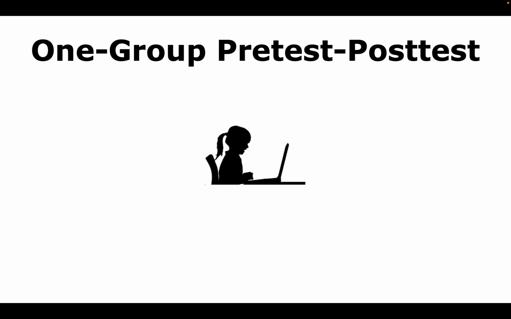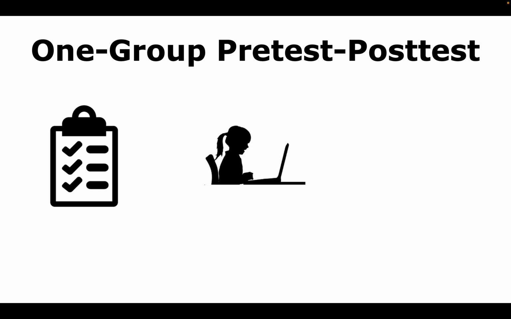Another one would be the one-group pre-test, post-test. And that would be just to measure the potential efficacy of AI in the classroom. You would give students a pre-test over some skills related to a particular topic.